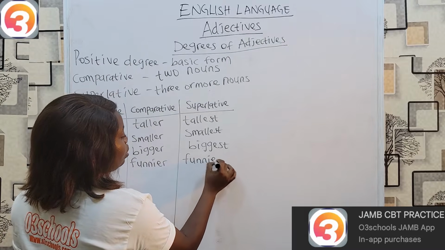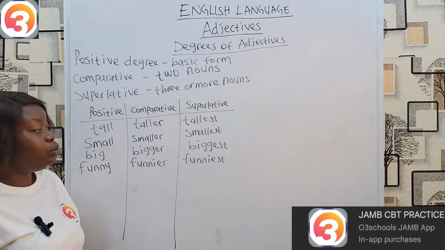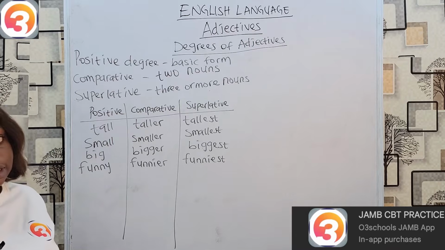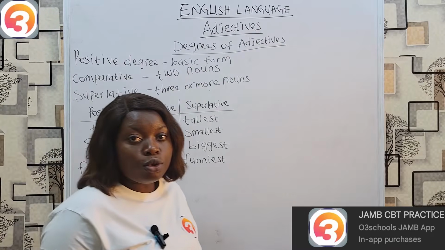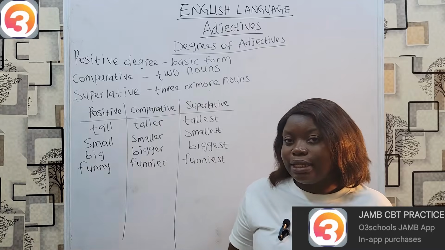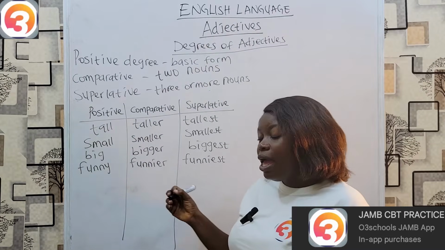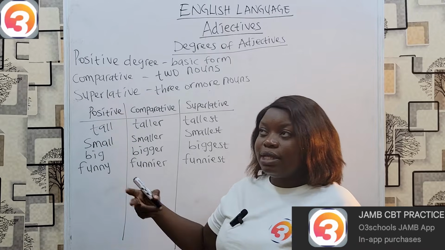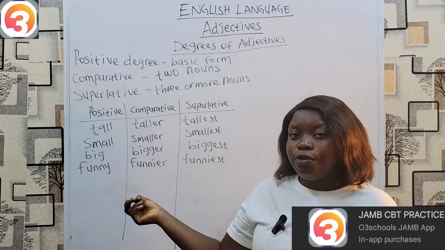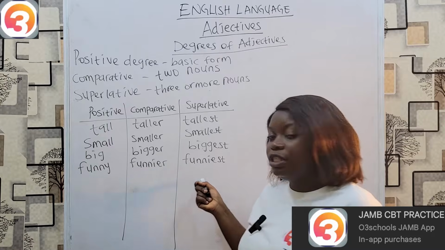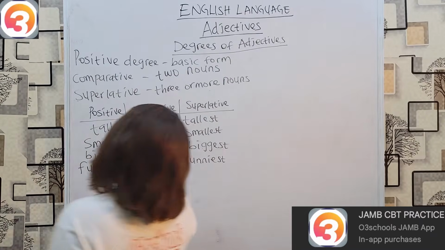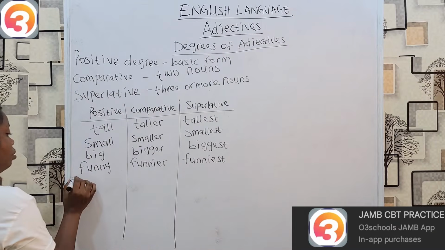For some adjectives, we do not add er and est, we add more or most, or less and least, to get the comparative and superlative, especially words that are 3 syllables and above. The comparative and superlative usually take more and most.